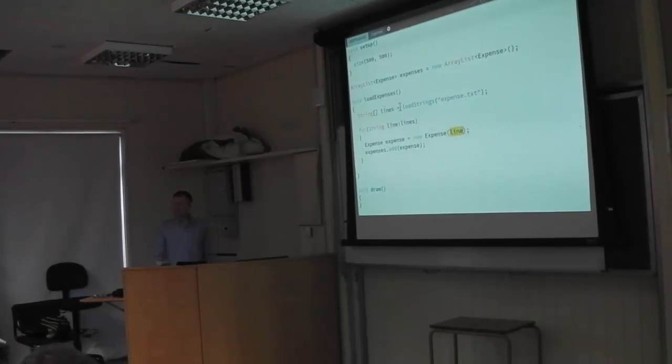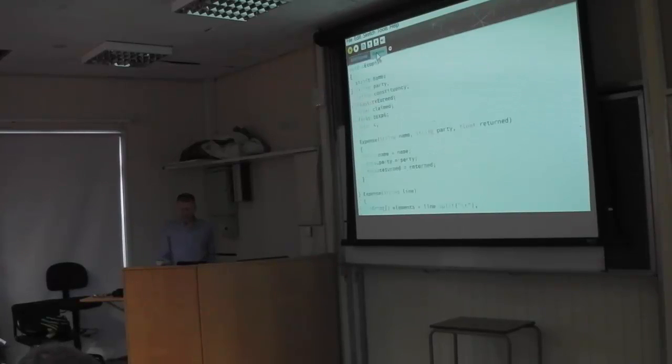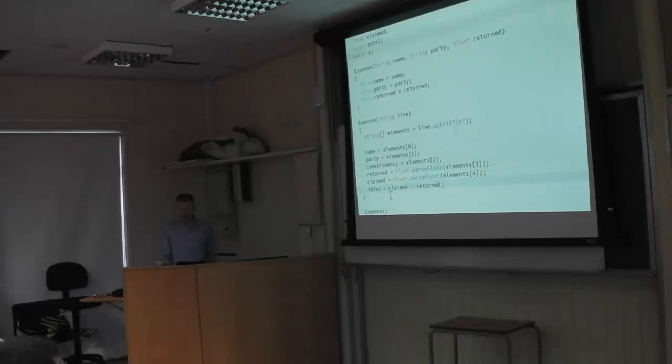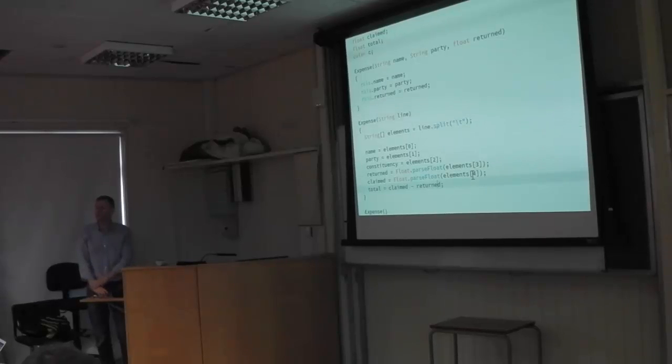The line is going to have the whole tab separated values. So over here in expense, all I do is parse the line, split it on the tab, and then assign the fields based on the elements of the line. I've just taken the code from the main sketch and put it into a constructor, and that's a nice way to separate your code and make it a little bit cleaner.